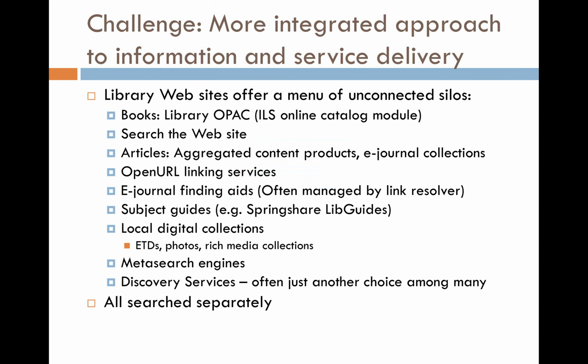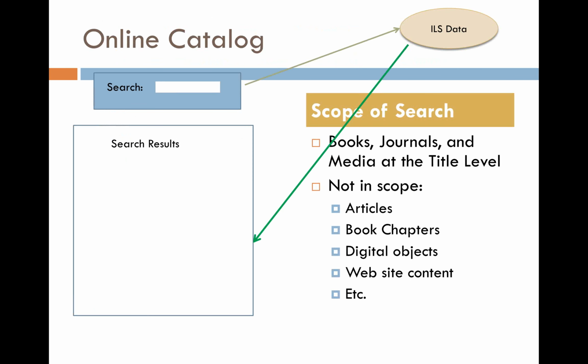Local digital collections, federated search, and all these kinds of things. And the only thing they have in common sometimes is that you get to them from the library's website. It's hard to get from one thing to another, even within the whole of the library's web presence. So that fragmented approach, I don't necessarily think is the best that we could do.